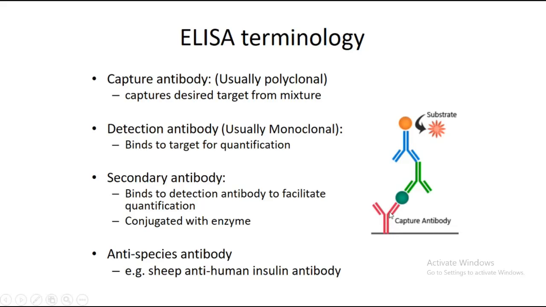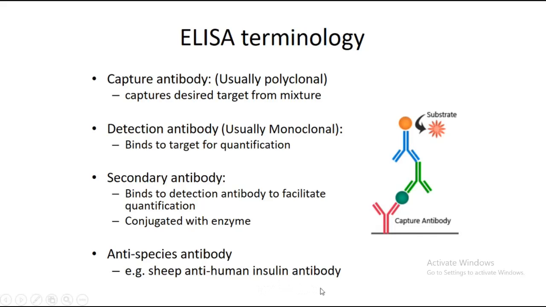For instance, if you're measuring a target in a human, and the antibody is directed against human CRP, then it's referred to as anti-human. So if this antibody was produced in a sheep directed against human CRP, then it's referred to as sheep anti-human CRP antibody.